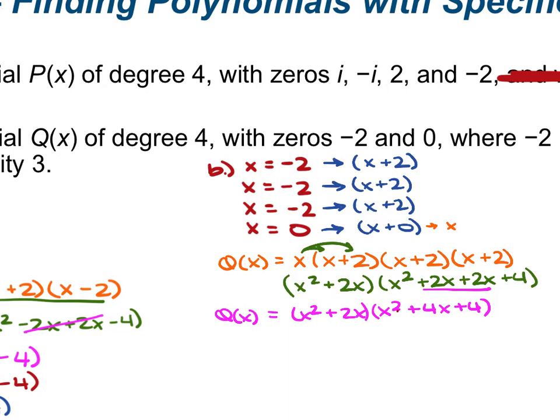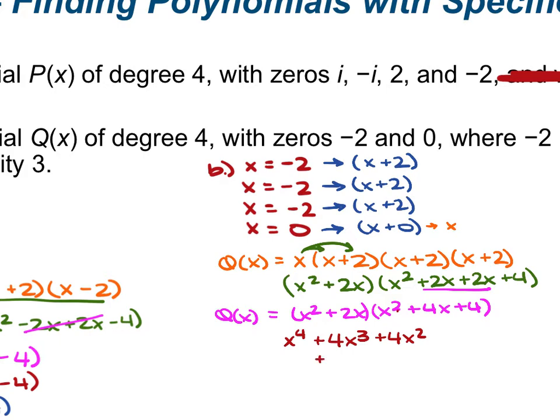So x squared times x squared is x to the 4th power. X squared times 4x is 4x cubed. X squared times 4 is 4x squared. The 2x times x squared is going to be 2x cubed.